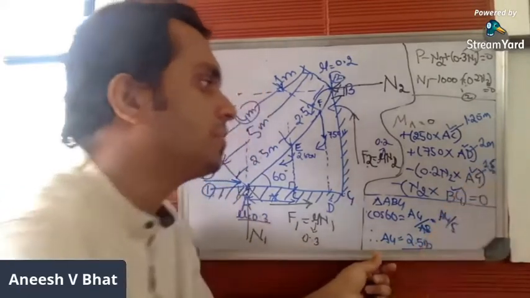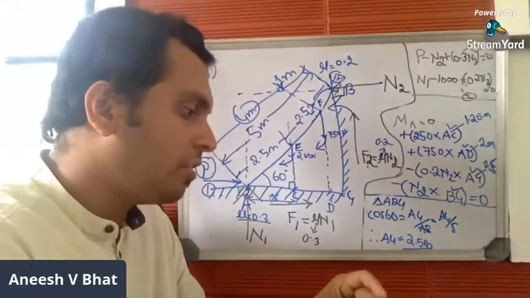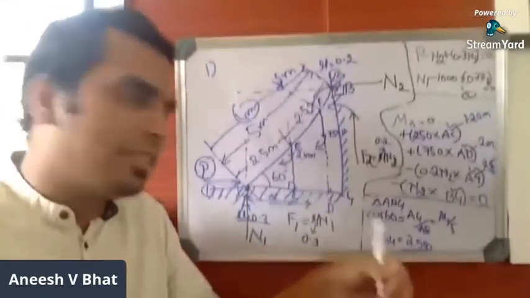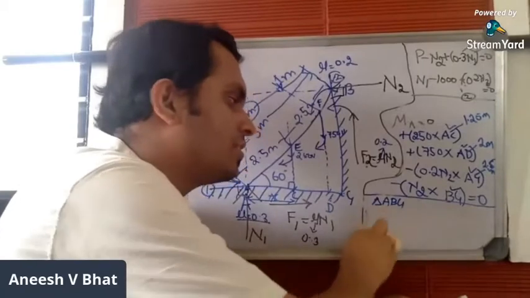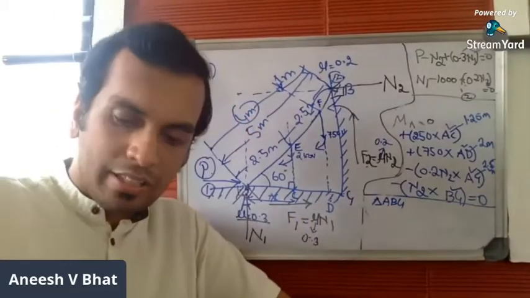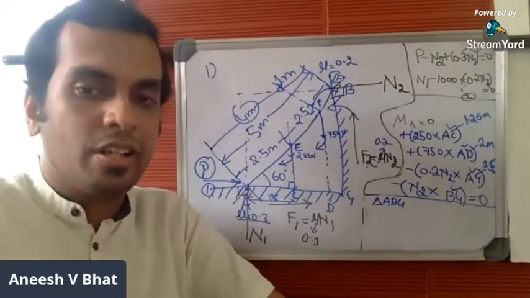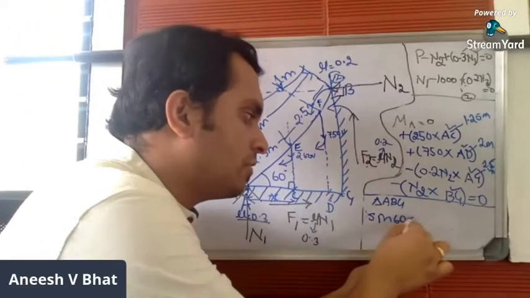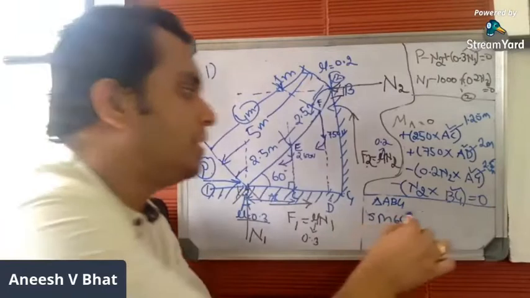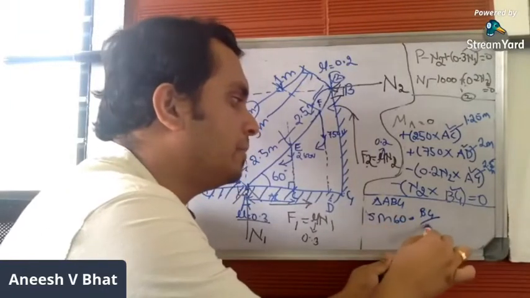Now, what is BG? In order to find BG, in the same right angle triangle, you have to use the sine function. So sine 60 will be the opposite side BG by AB.